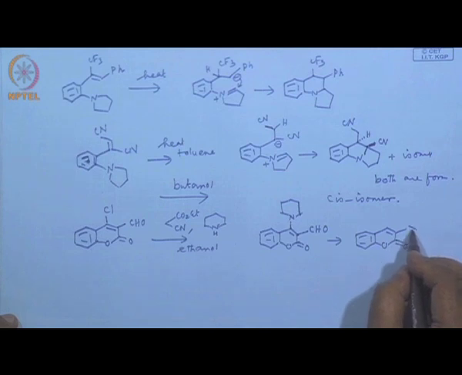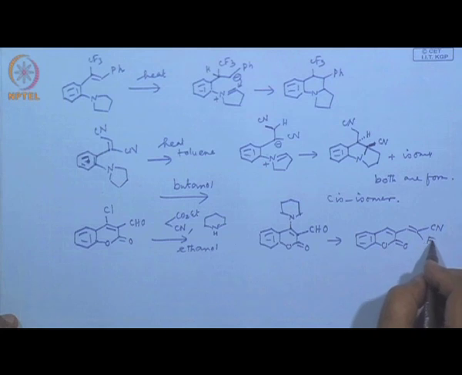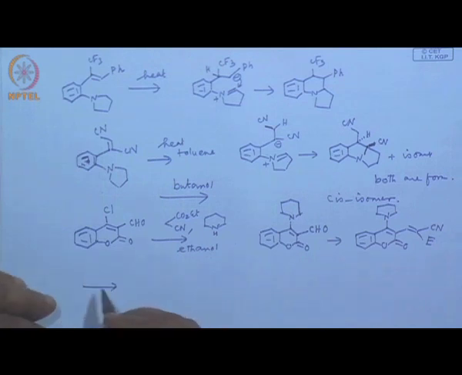So, double bonded now, and then at one side you have cyano, other side you have an ester which is E, and this is now piperidine. So, this compound is then, in this case, the solvent is acetic acid and is heated.